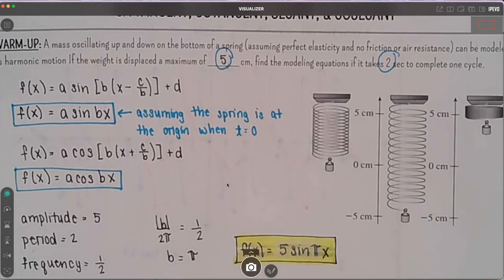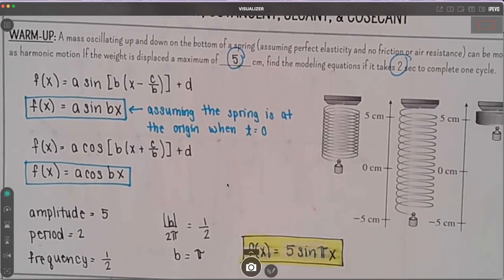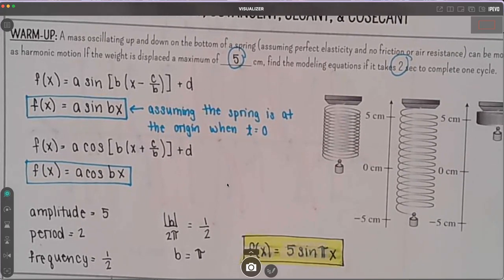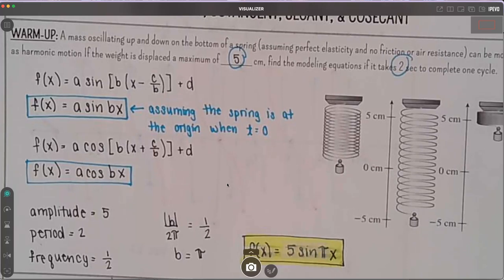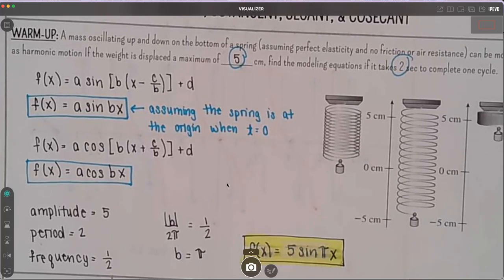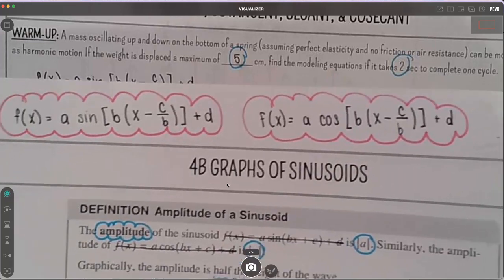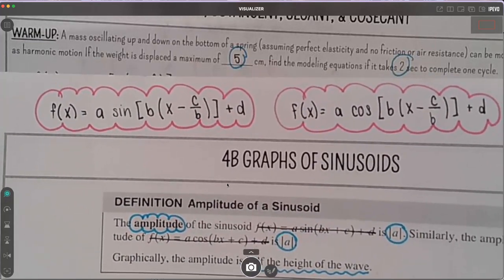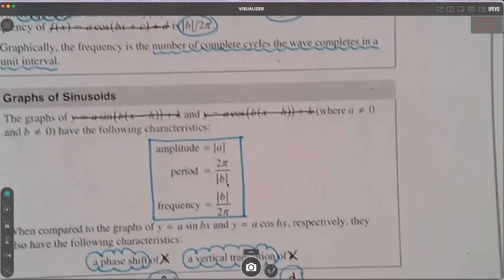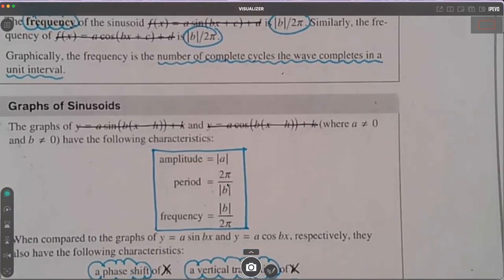And then using the equations we learned in the last unit, let's see here, this last unit's packet. There we are. For b, these two, and then those ones.